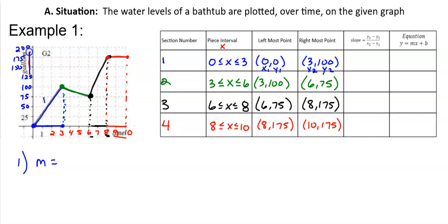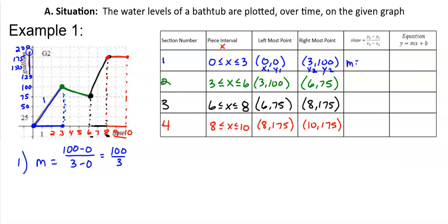So we follow the slope equation, y2 minus y1, so 100 minus 0, over x2 minus x1, so 3 minus 0, which is going to be 100 thirds, which isn't very pretty, but we're just going to leave it that way.